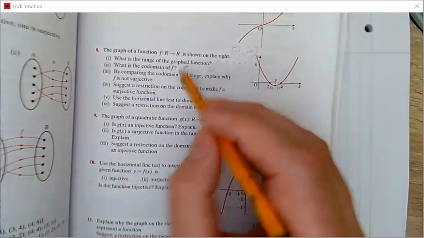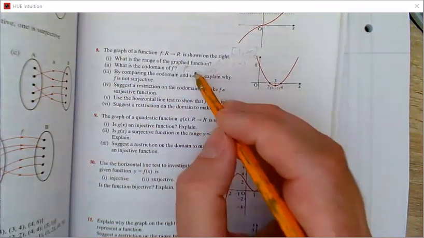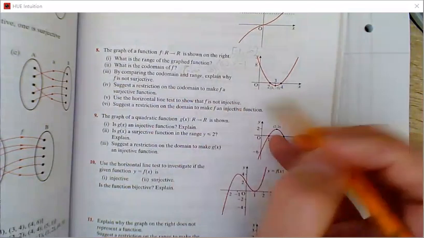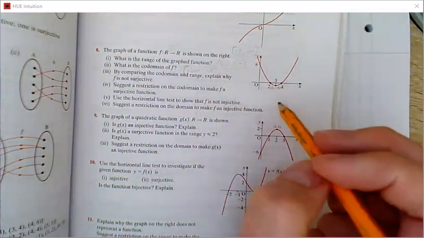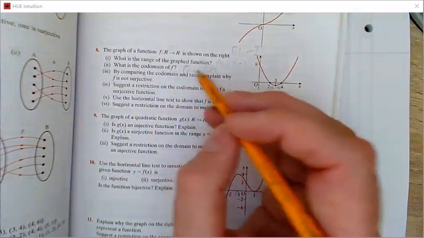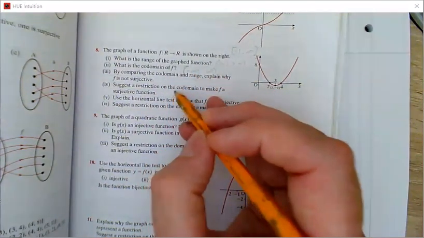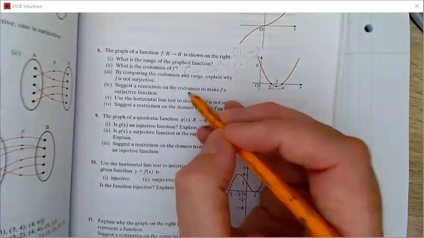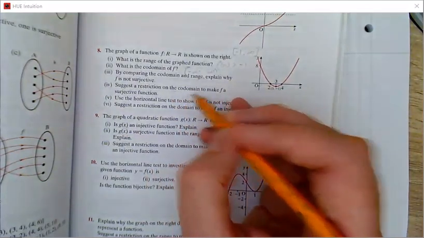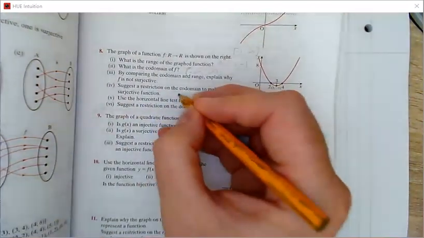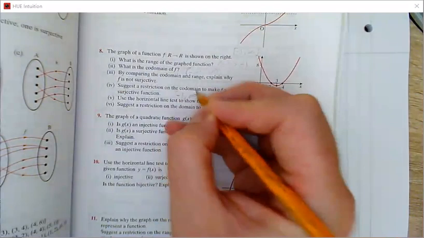Well, we need to take this codomain and restrict it, you can't put a -2 or a -3 in there, because that won't allow us to pass our horizontal line test. So a restriction would be, if the codomain was for f of x has to be greater than -1, or between -1 and infinity, you might write it like that.